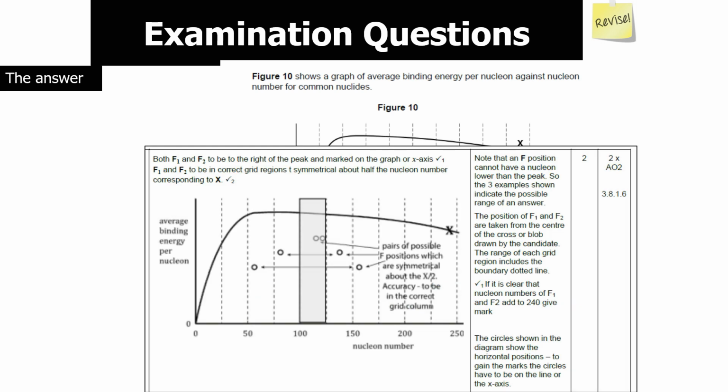But remember that it won't exactly add up to the value for the original nucleus, because you'll lose a couple of nucleons as free neutrons to then carry on the fission process. So they've got to be roughly symmetrical, two smaller values that add up to a value slightly smaller than the actual nucleus that you started with.